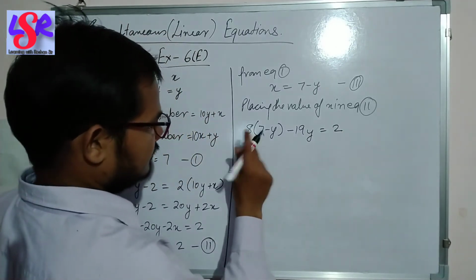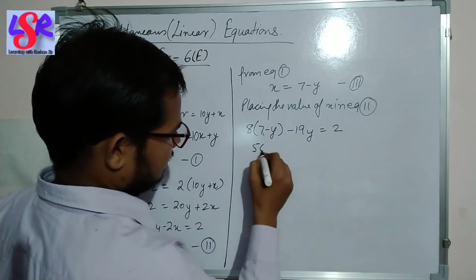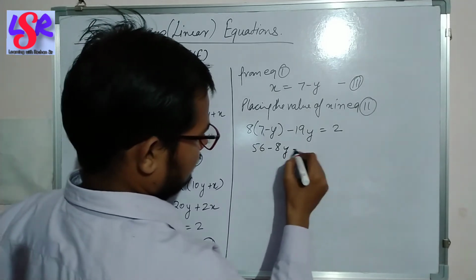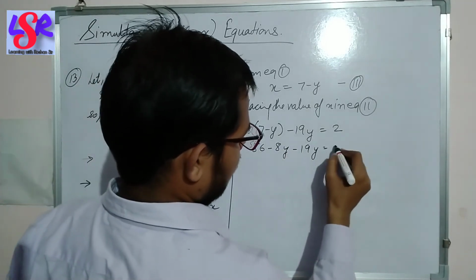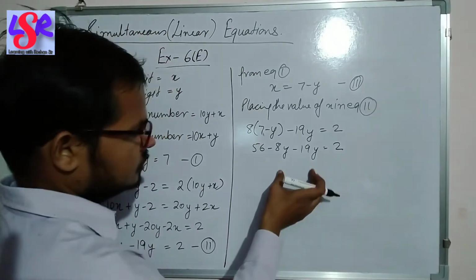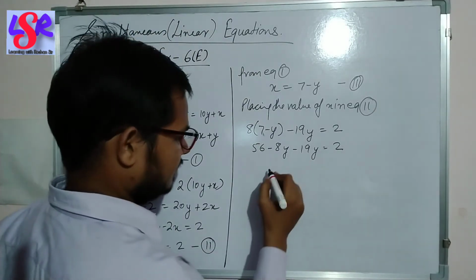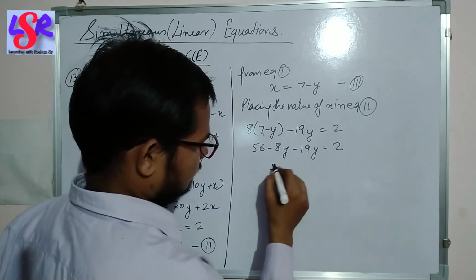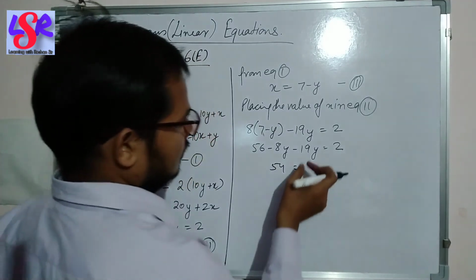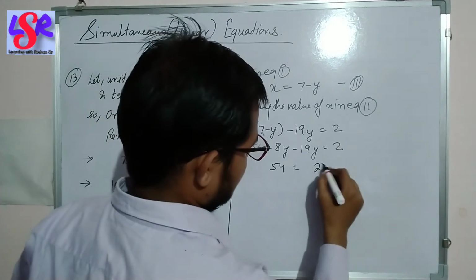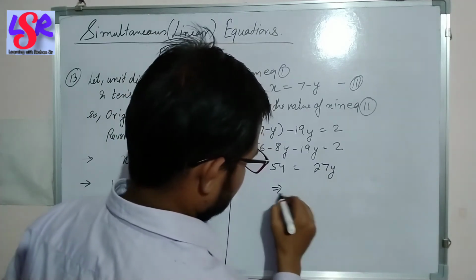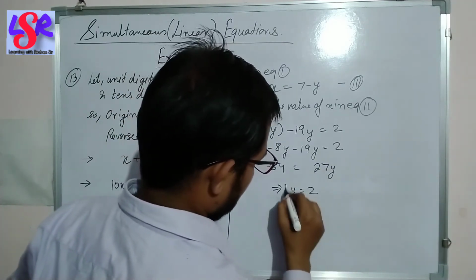Now open the bracket. 7 into 8, that is 56 minus 8y minus 19y equals to 2. Now solve it. Send this over here and the sum of these two on the other side, that is 56 minus 2, that is 54 equals to 27y. That implies y equals to 2.